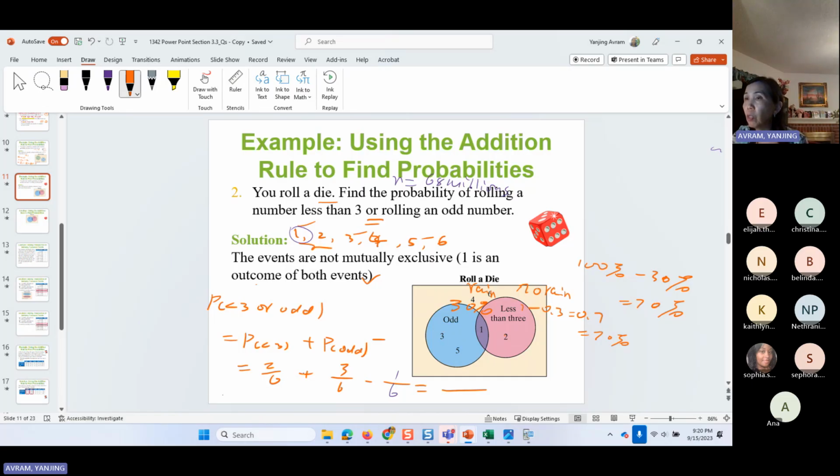So if you use this one right here, you just counted 1 twice, so you have to minus that one. Okay, so you have 2 plus 3 minus 1, so that's 4 out of the 6, simplify 2 out of the 3. Okay, always simplify your final answer in here. All right, so that is how you do the probability.